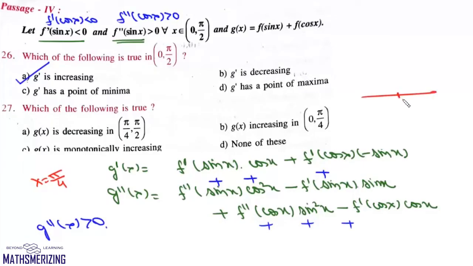So that means there is a critical point at π/4. Now g''(x) is positive, that means it is always opening upwards. So at π/4 there is a point of local minima. So this function is decreasing in 0 to π/4 and increasing in π/4 to π/2, which is this option D, none of these.